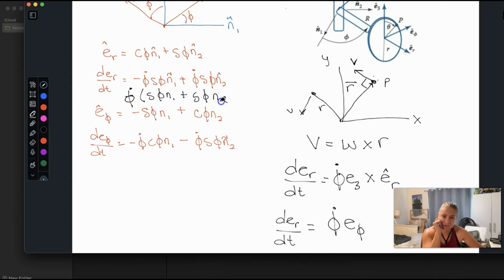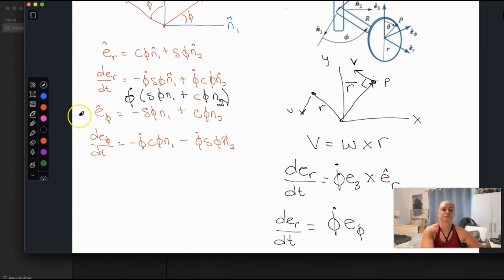I hope I didn't confuse you there. Oh man, I don't want to redo all this. Here, this is a cosine. I think you guys knew that. That's a cosine.